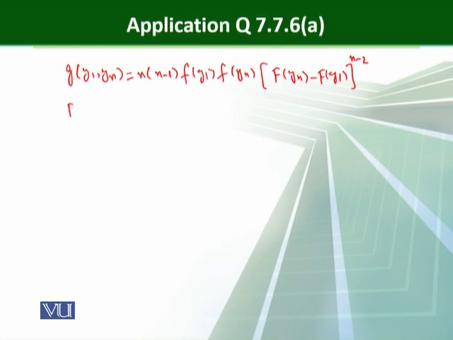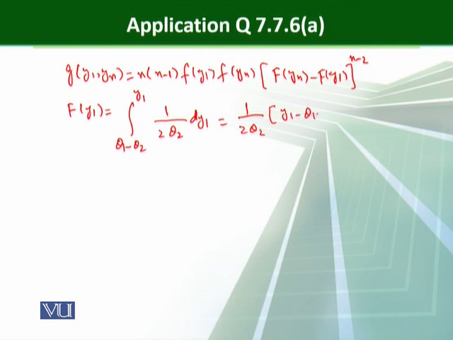So F of y1 is equal to the integral from theta 1 minus theta 2 to y1 of 1 over 2 theta 2 dy1, and that is very simple, straightforward integration. After evaluating that integral we will find 1 over 2 theta 2, that is a constant, times y1 minus theta 1 plus theta 2.